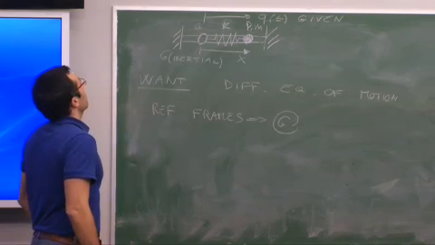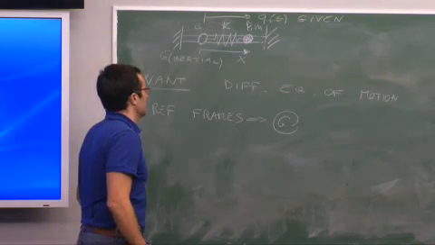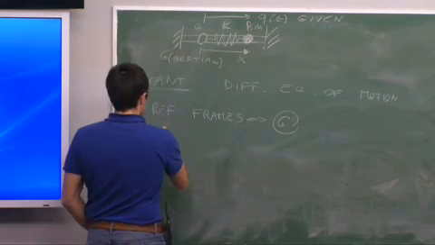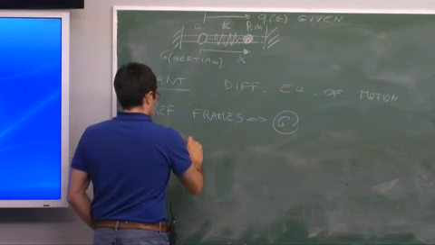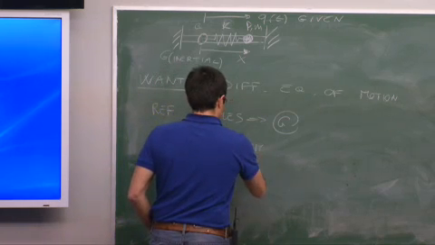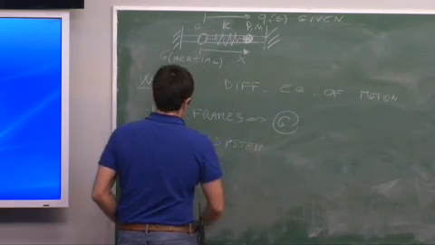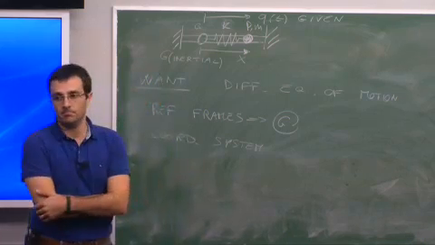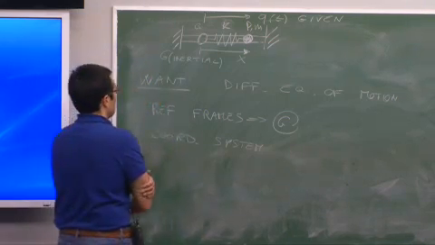Okay. Tell me, coordinate system. Coordinate Q when t equals 0. That makes sense.